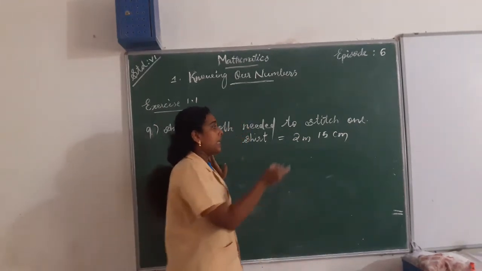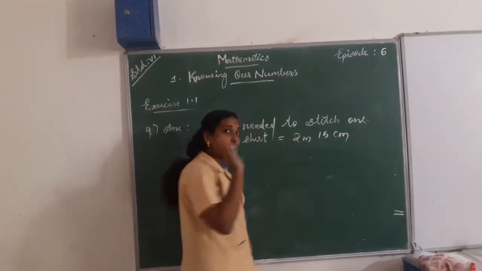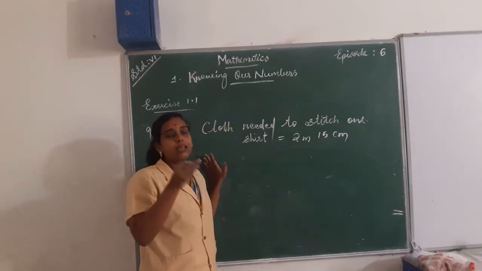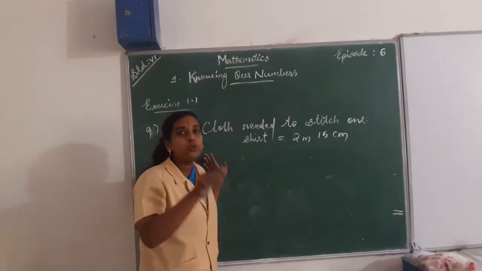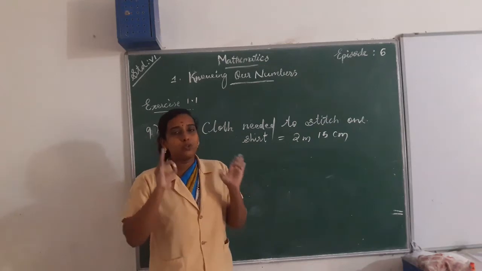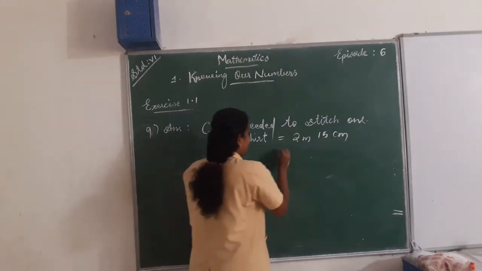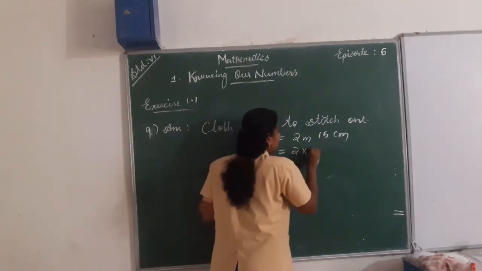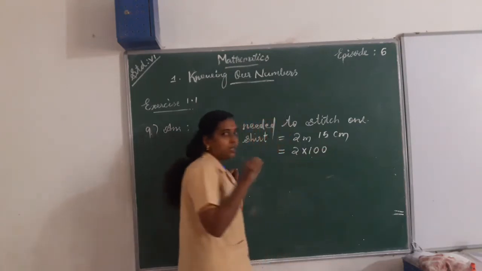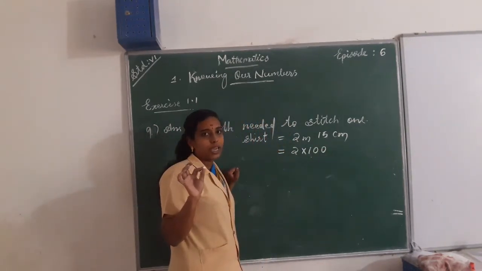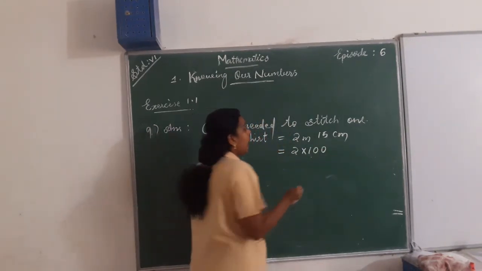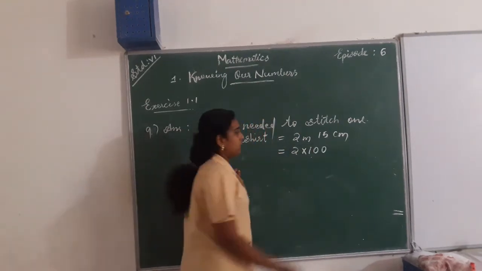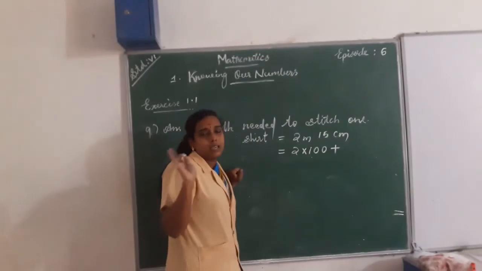Here the number of meter is 2. 2 is in meter. So we multiply 2 into 100. And we write 2 into 100 for converting meter into centimeter, and plus 15, because 15 is also in centimeter.